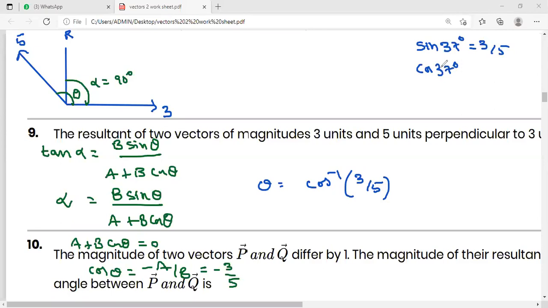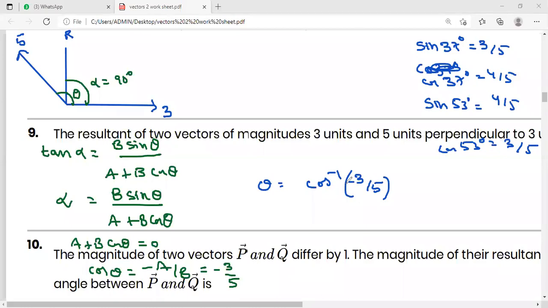Cos 37 degrees is equal to 4 by 5. In the same way, sine 53 degrees equals 4 by 5, and cos 53 degrees equals 3 by 5. According to that, if you get only 3 by 5, but here it is minus 3 by 5, of course. So cos theta equals minus 3 by 5 we got.